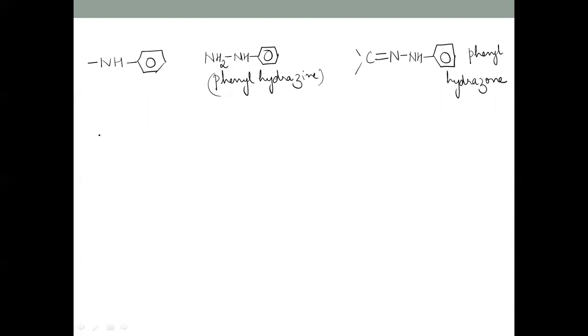Now, next one is at 2 and 4 positions, same thing. I'm writing NO2 groups, 1, 2, 3, 4. If I write the whole reagent here, it will be NH2, NH, with NO2 groups at 2 and 4 positions.